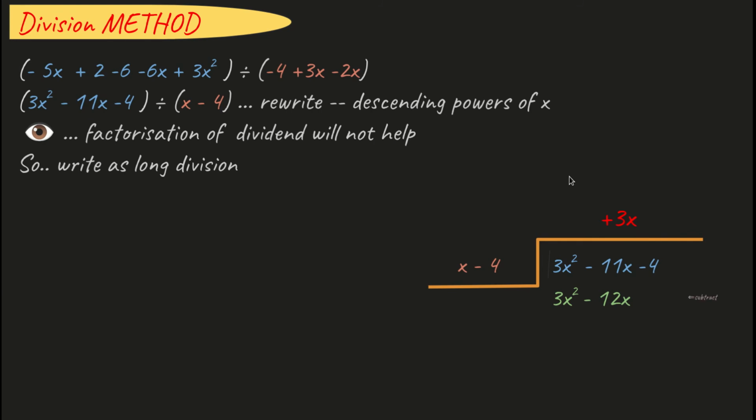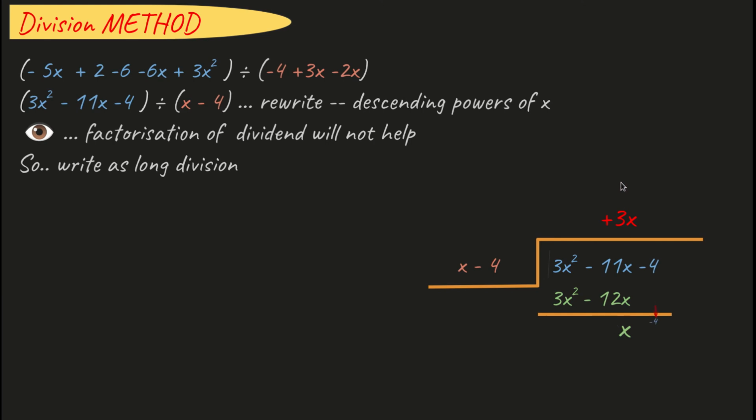Next thing we do is we subtract them from one another. Now, when you subtract, you're adding the inverse. So, 3x squared plus minus 3x squared, that's adding the inverse, ends up in a 0. And minus 11x plus 12x, remember, you're adding the inverse. When you're subtracting, you end up with x here.